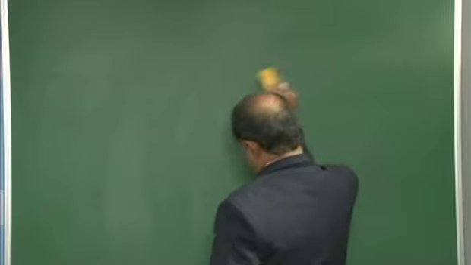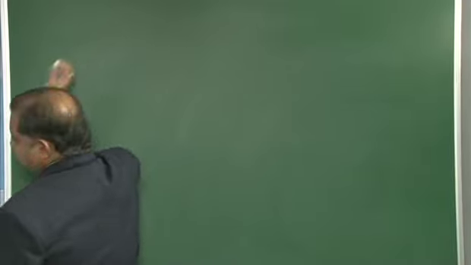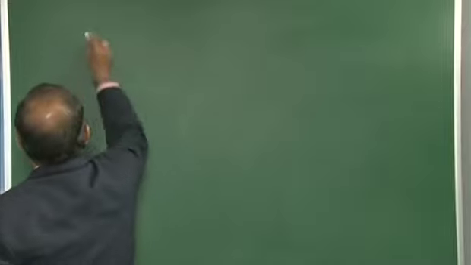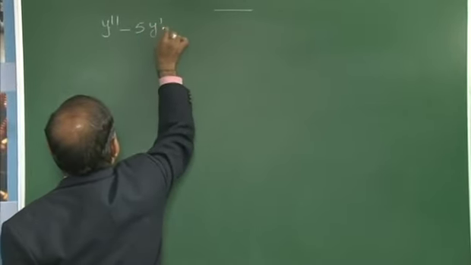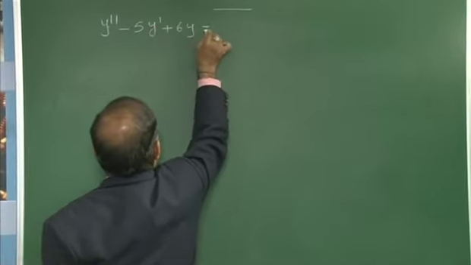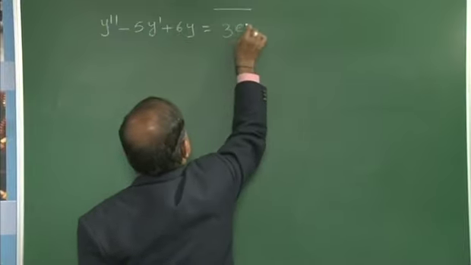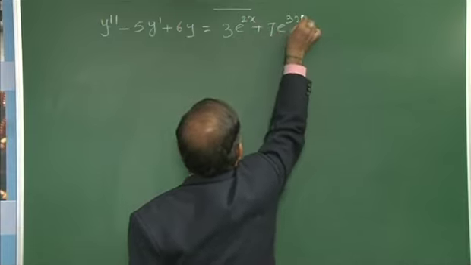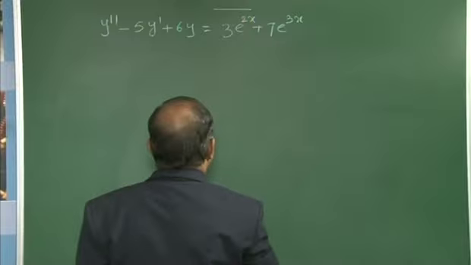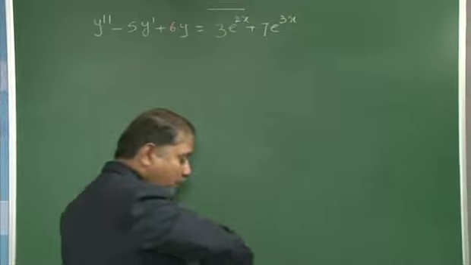You should be very careful in that. Say I am taking one example: y double dash minus 5y dash plus 6y. There may be two functions on the right hand side, 3 e power 2x and 7 e power 3x. That is, you have to find particular integral 1 and particular integral 2.